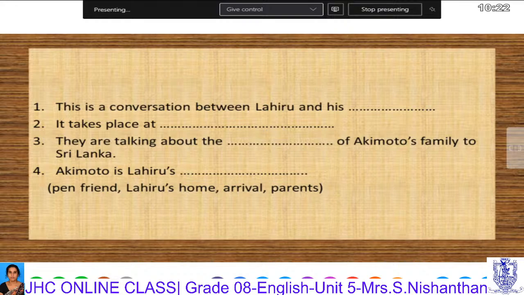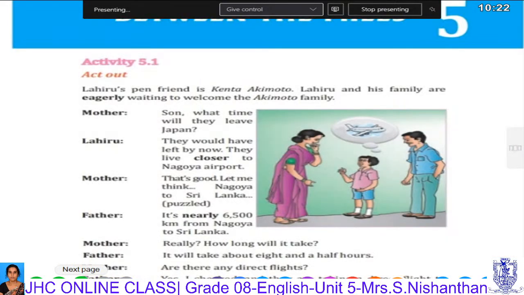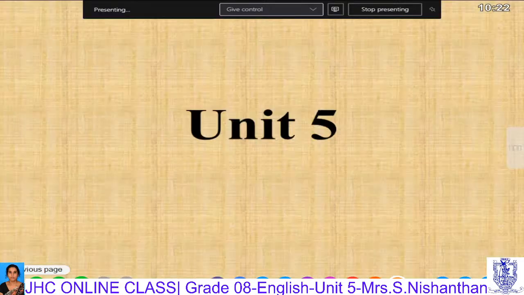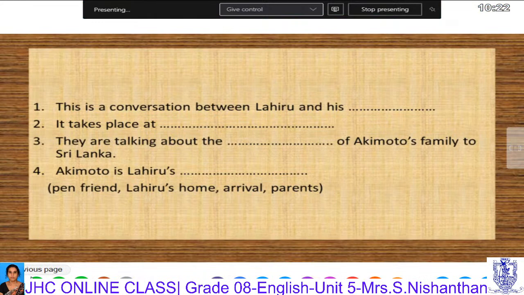This is a conversation between Lahiru and his parents. Who are there? Mother, father, and Lahiru. So this is a conversation between Lahiru and his parents.